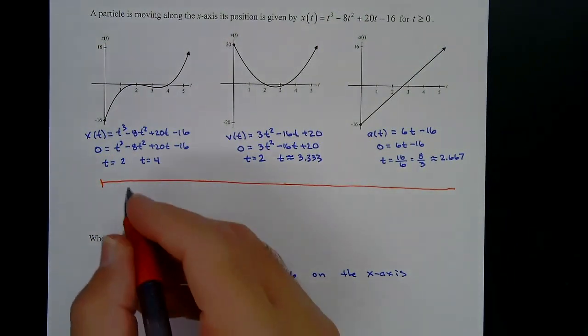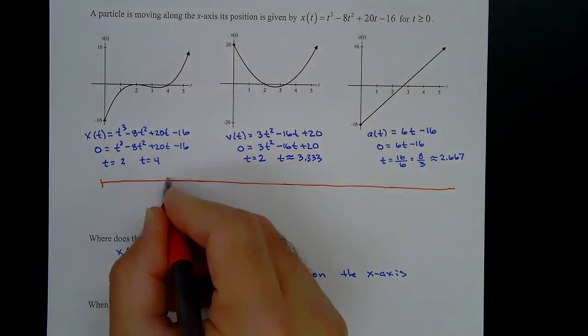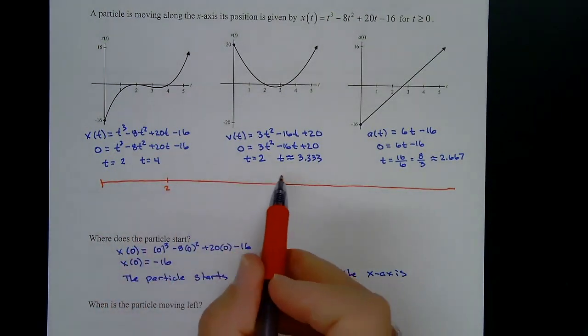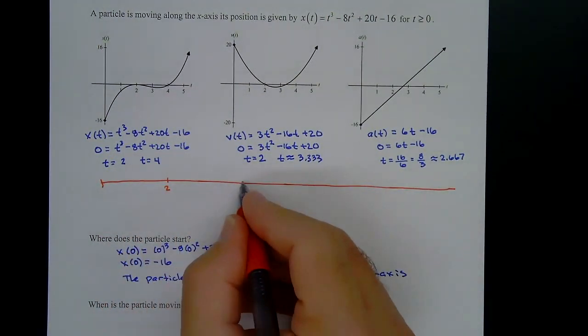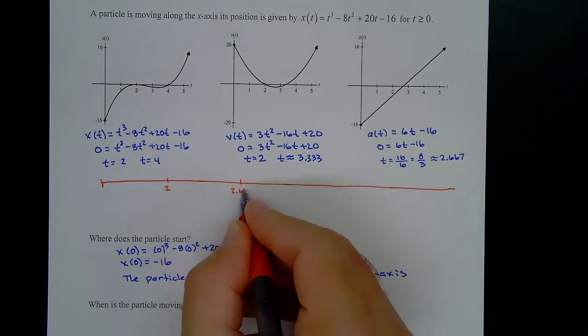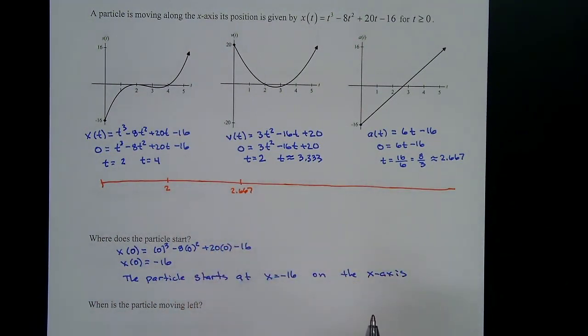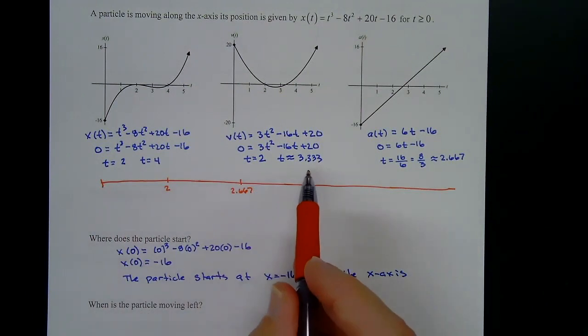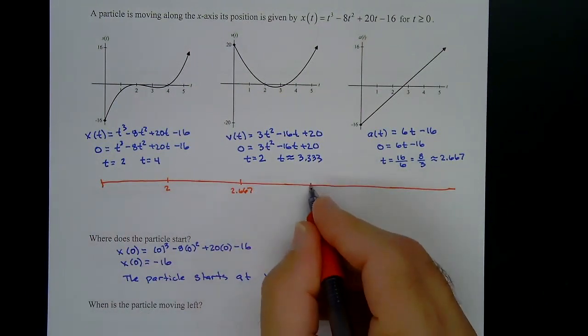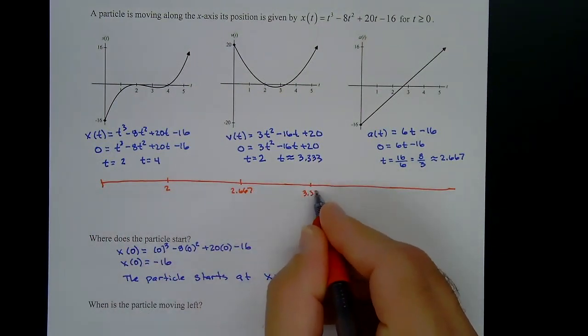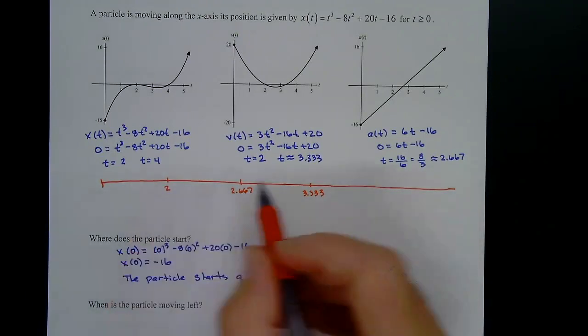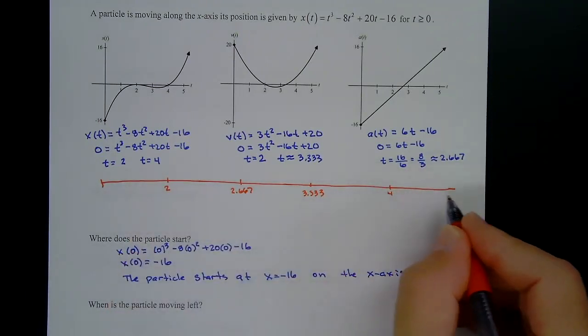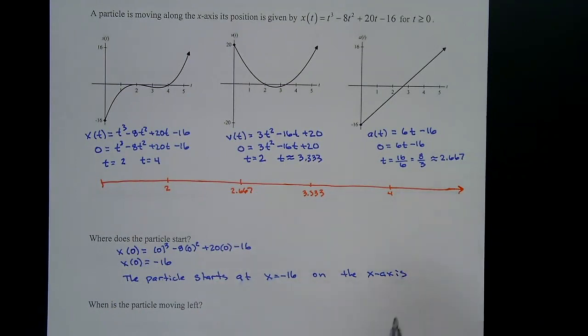So we have one at 2. We have another one at 2.667. We have another one at 3.333. And then another one at 4. And then we have 4 on, okay?